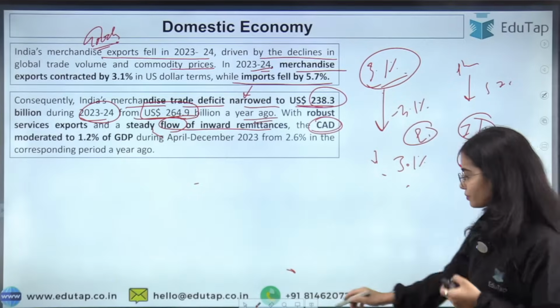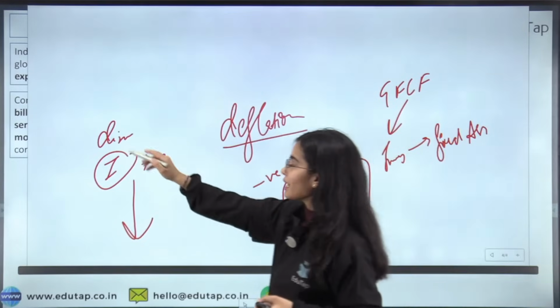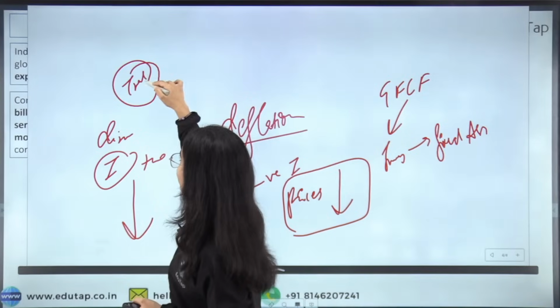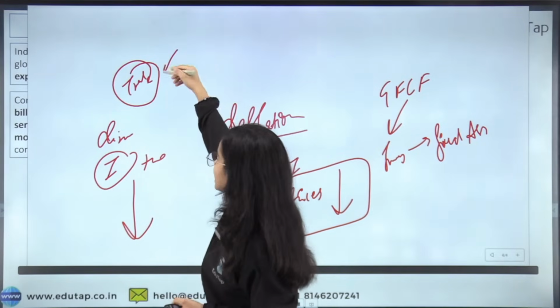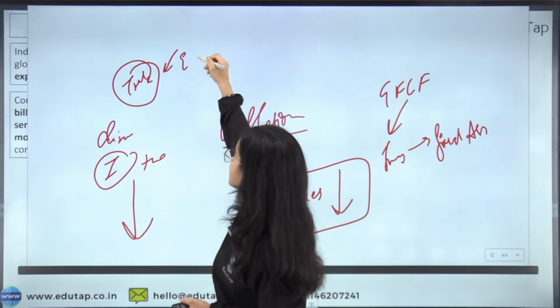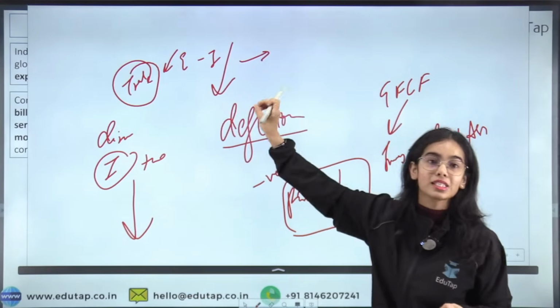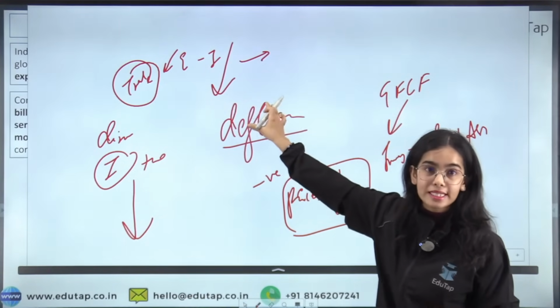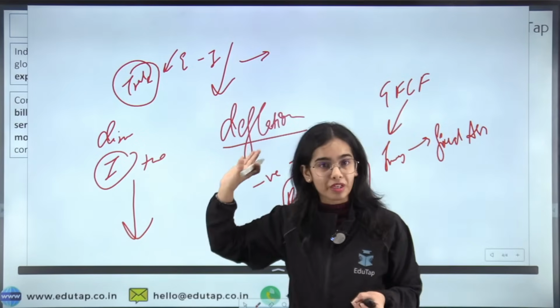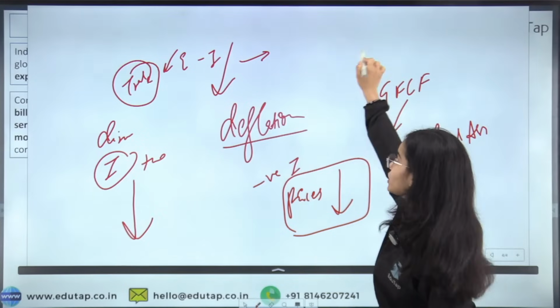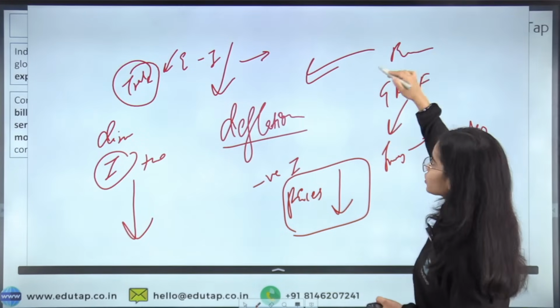Merchandise trade has decreased, exports have decreased, imports have decreased even further, so the trade deficit is lower than the previous level, and the steady inflow of remittances is good.